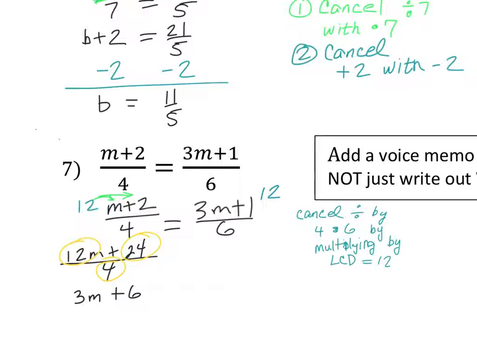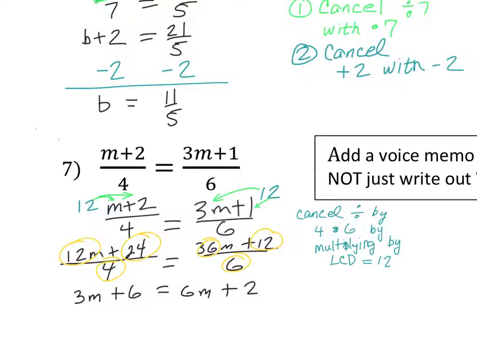We need to do the same thing over to the other side, so 12 needs to be multiplied by 3m. That would give us 36m, and then 12 times 1 gives us 12, and that's all over 6. 36 divided by 6 gives us 6m, and then 12 divided by 6 gives us 2.